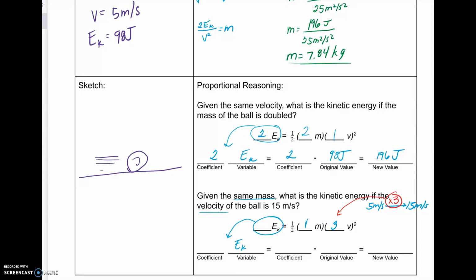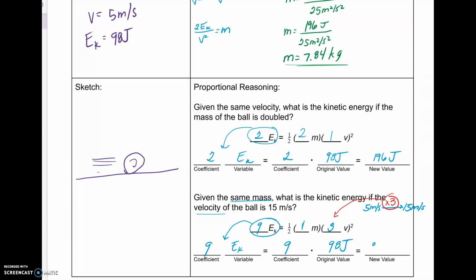So we're going to have 3 here. 3 squared times 1 is going to give us 9. So we have 9 EK. So our coefficient of 9 with the original value of 98 joules is going to give us 882 joules. And that is problem number 3.